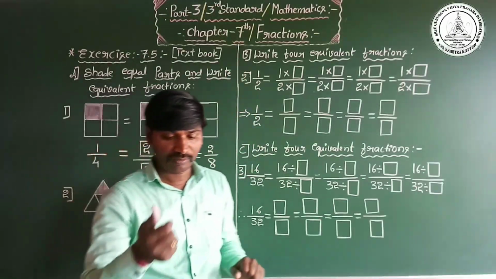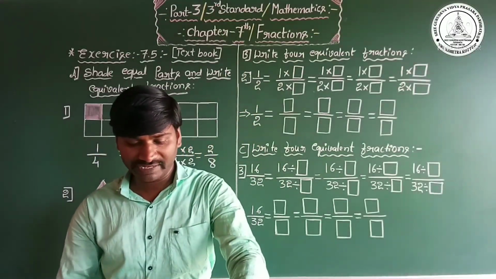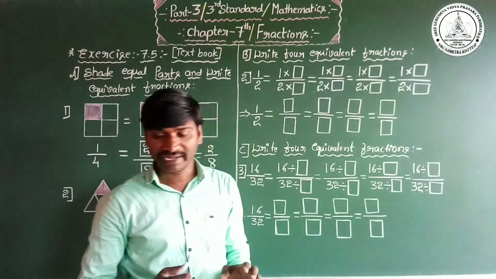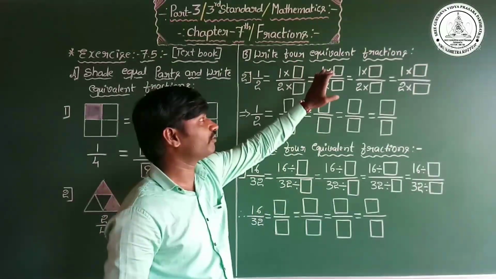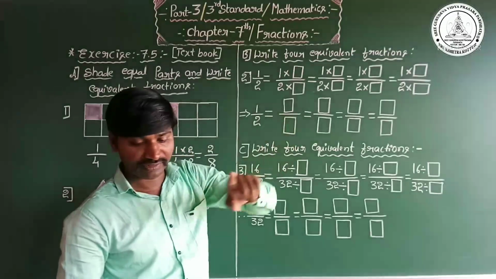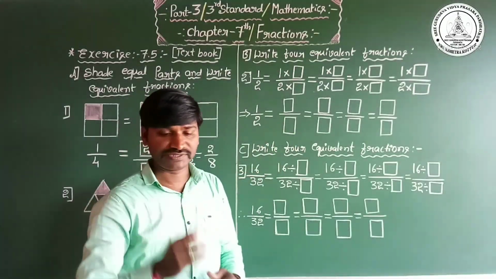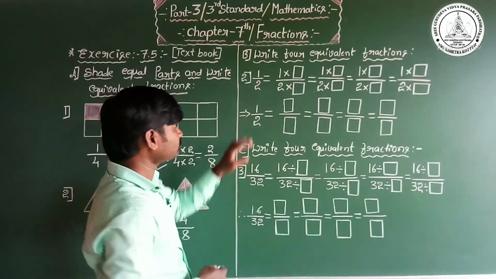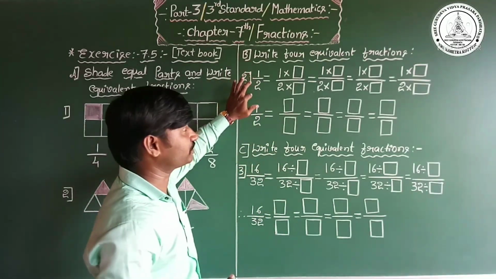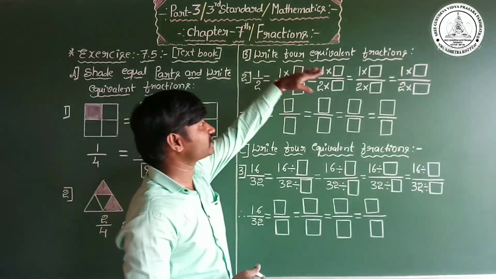The B main, observe all of you. Write 4 equivalent fractions for each by completing the blanks given below. Here there is one model example, the first one. The next, I will solve the second one. The given fraction is 1 by 2. To get 4 equivalent fractions, use 2 types of methods: one is the multiplication method, the second is the division method.